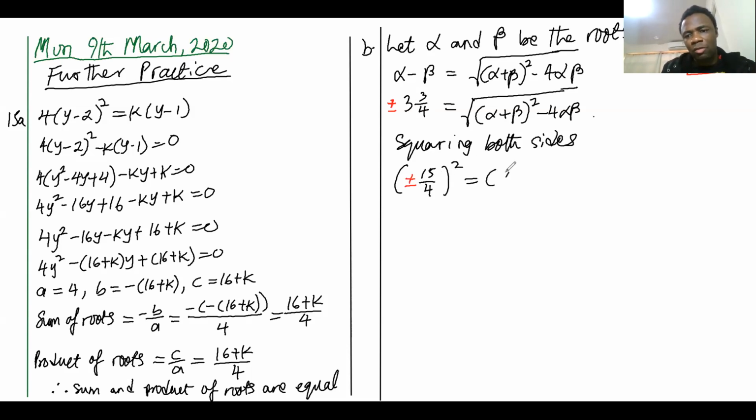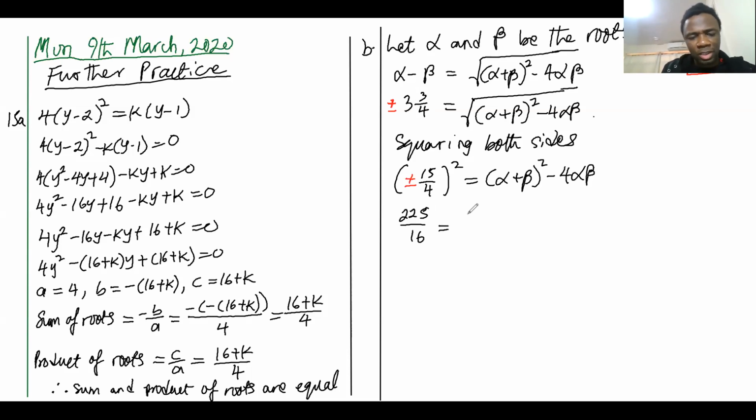And this is alpha plus beta, then 4 alpha beta. So this is automatically, all right, you can see your sum and product are the same, right? From A, this is 225 divided by 16.